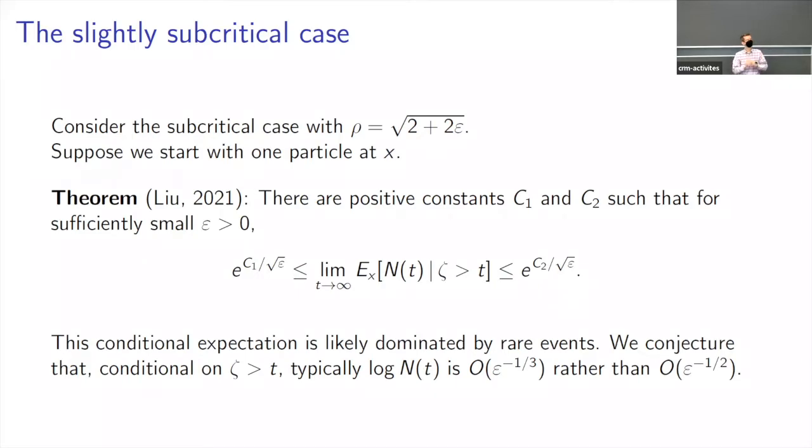We believe, however, that this conditional expectation is probably dominated by rare events where the number of particles alive at time t is unusually large. And we believe that conditional on survival until time t, in a typical realization, the logarithm of the number of particles will be of order epsilon to the minus 1/3, rather than order epsilon to the minus 1/2, which would seem to be suggested by this theorem about the expectation.